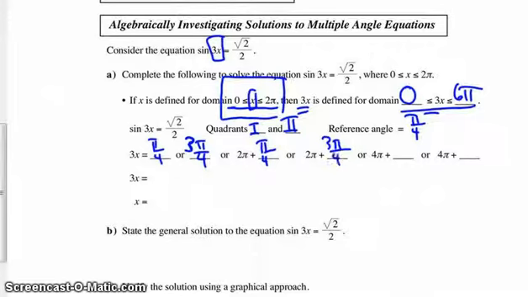Or on the next rotation, so 2 rotations, it would be 4 pi plus pi over 4 and 4 pi plus 3 pi over 4. And as long as you're okay with equivalent fractions, you can now write all the answers from 0 to 6 pi.